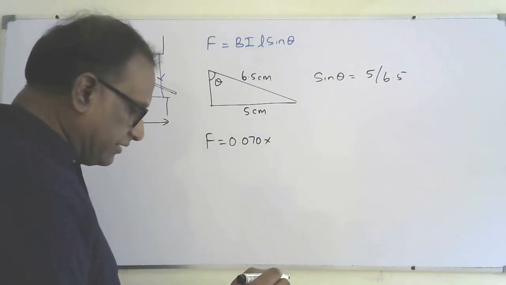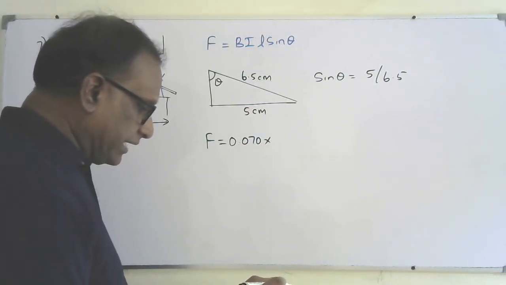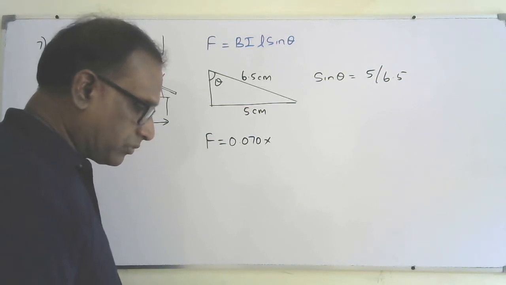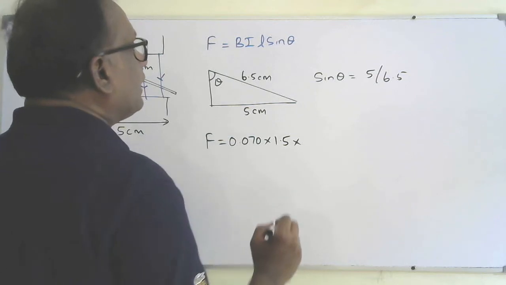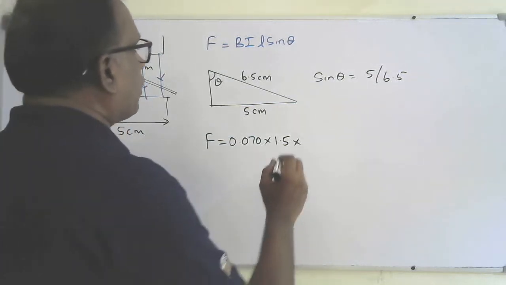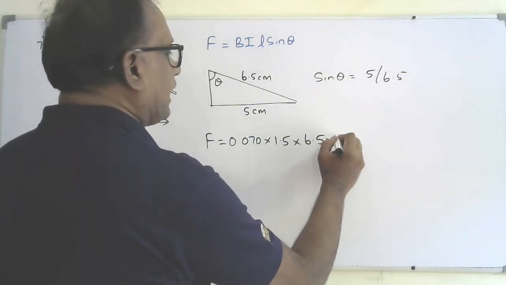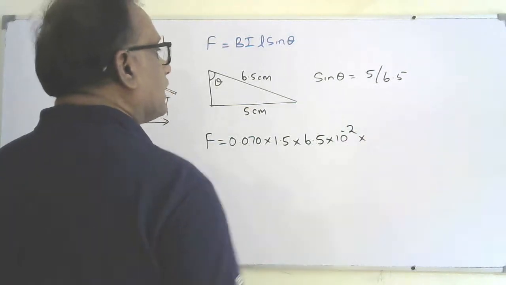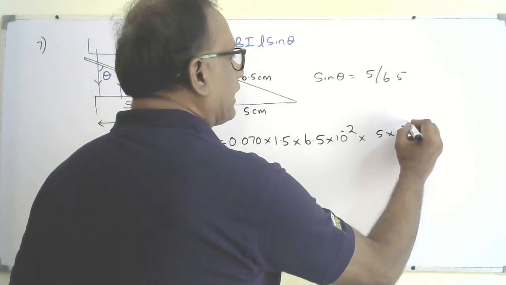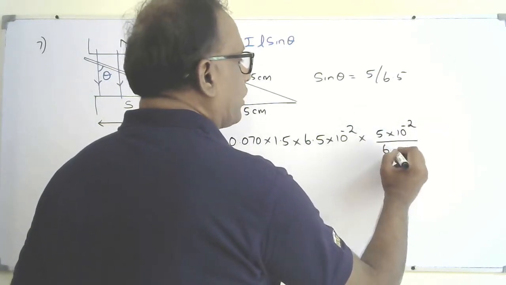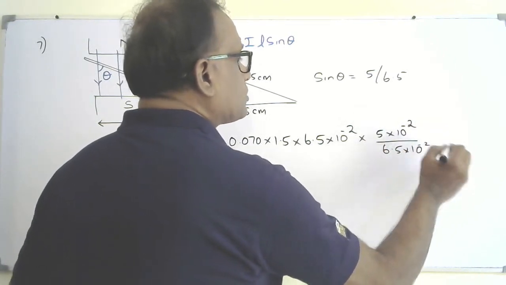The current flow is given as 1.5 amperes. The length of the rod is 6.5 into 10 to the power minus 2, into sine theta, again 5 into 10 to the power minus 2 over 6.5 into 10 to the power minus 2.